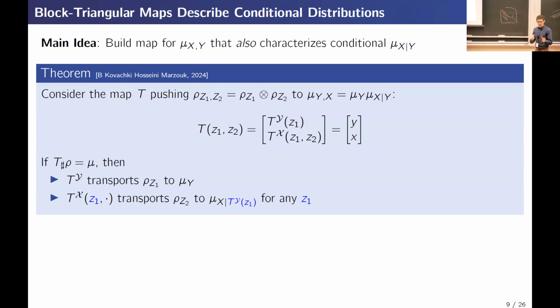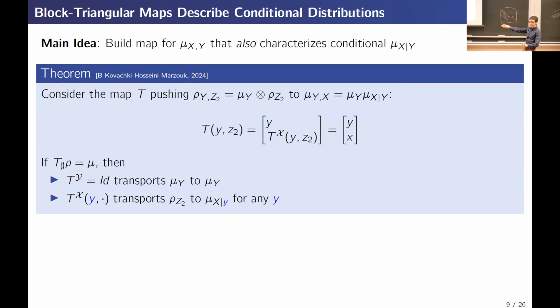One thing I want to highlight, just because this question came up yesterday, is you really have choice over the source measure rho. You get to pick it. So you can pick it to be anything. You can, in fact, pick the source measure to be the product measure of the observations and some source that you get, like a standard Gaussian. And in that case, the first component is just going to map the marginal of y to the marginal of y.